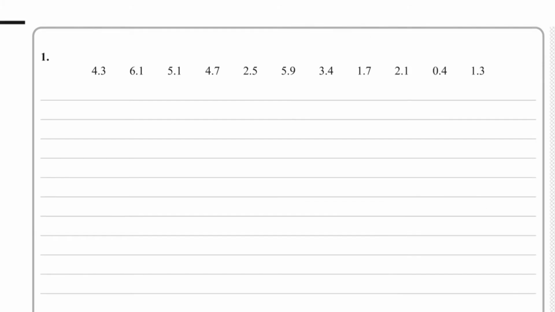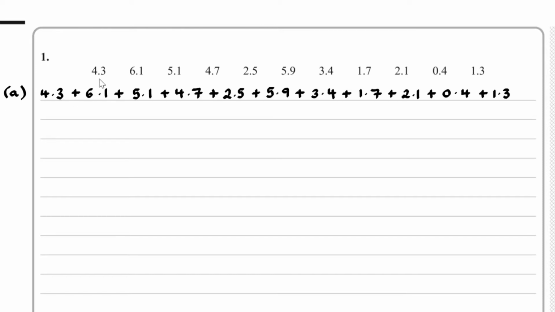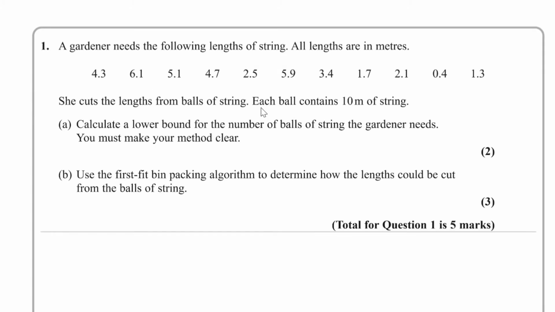So, for part A of the question, we begin by adding together these lengths, and then we will divide this by 10. The reason for that, we know each ball contains 10 meters of string.